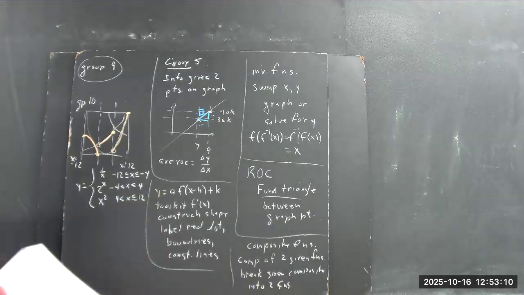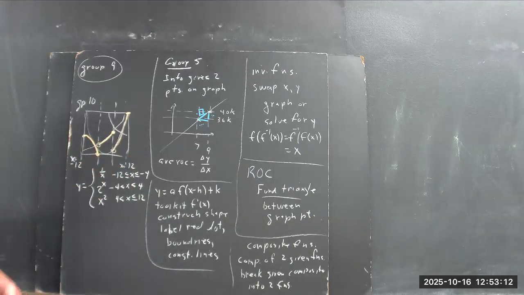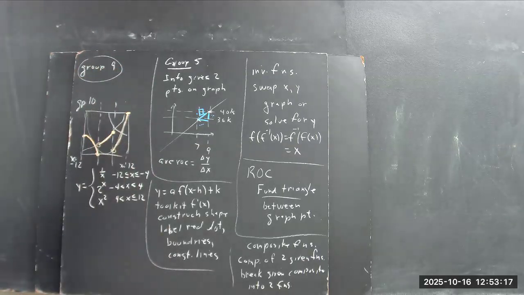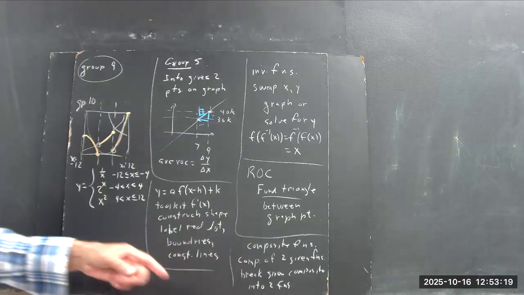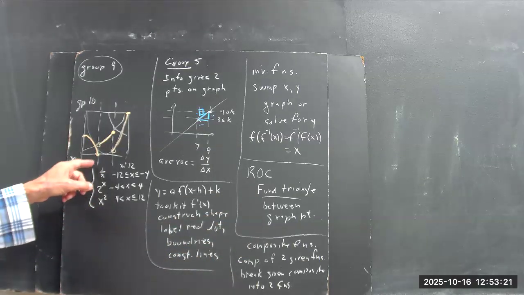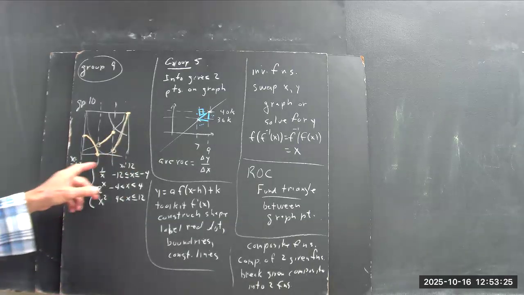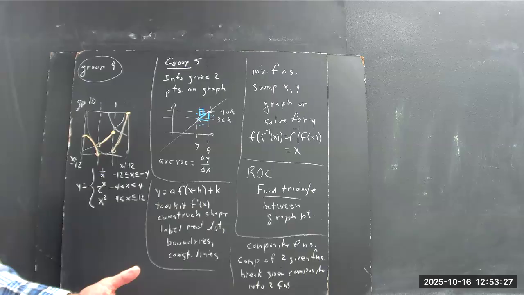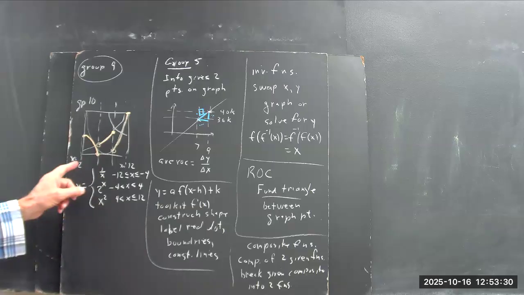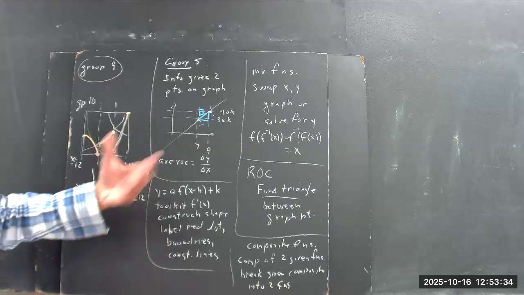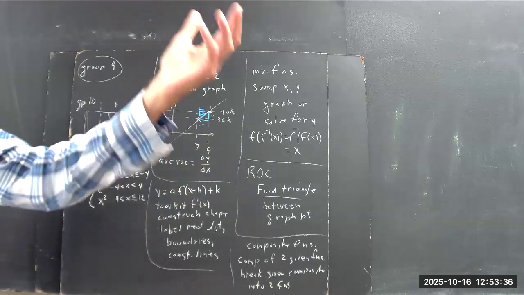So if this is negative 12 and this is 12, then if you split it equally into three equal intervals, just for an example, intervals go from negative 12 to negative 4, negative 4 to 4, 4 to 12. You get those from negative 12 to 12, that's 24 units. Divide that by 3, it's 8. So you go 8 units from here, 8 units from there, 8 units there, and you get 12, 4, negative 4, 4, and 12.